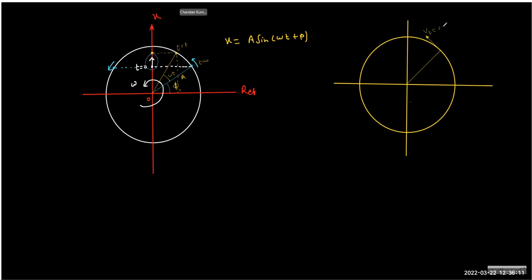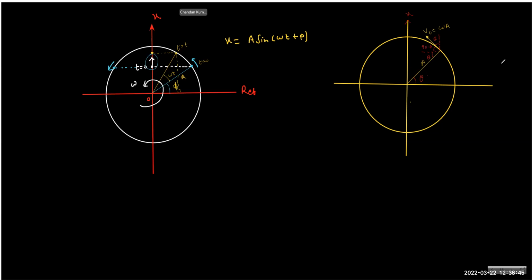Omega R. So v equals omega R. Understood. Yes. So how to convert into the problem that we want? So we want the velocity in the direction of the x-axis. So this is theta. So this will be how much? Theta only. Theta, theta. 90 minus theta, theta.